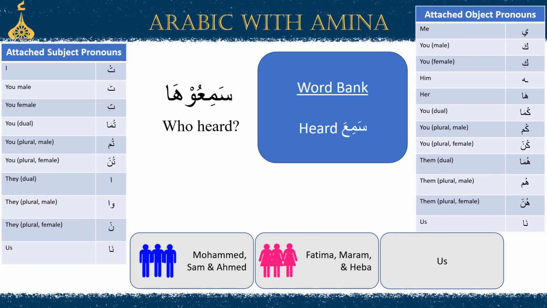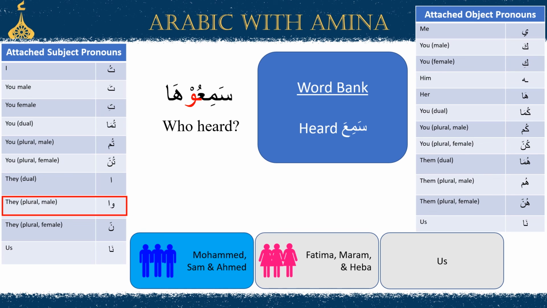Or is it us? Well, we know that the subject pronoun always comes before the object pronoun. So that would be the waw here. Now, the waw refers to they, the plural male, and we removed the alif because that was an exception to the rule. And so the answer here is going to be this group of males, Muhammad, Sam, and Ahmed.